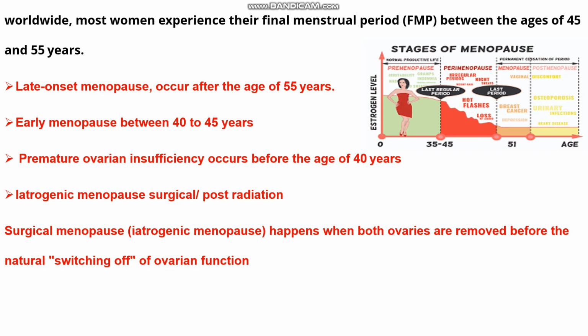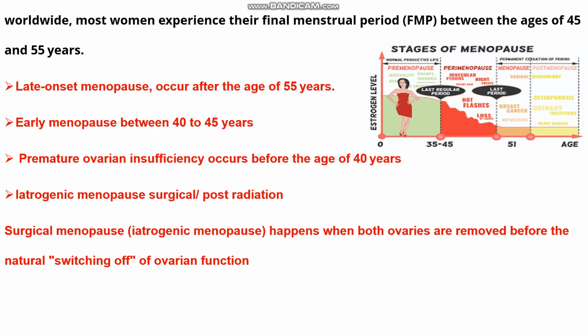Worldwide, most women experience their final menstrual period between the age of 45 and 55 years. Late onset menopause is labeled after 55 years of age. It means that if the woman experiences late onset of menopause, that will be after 55 years of age.